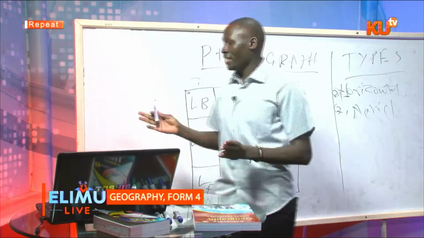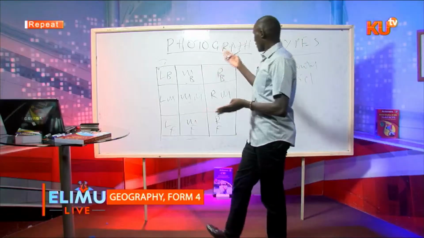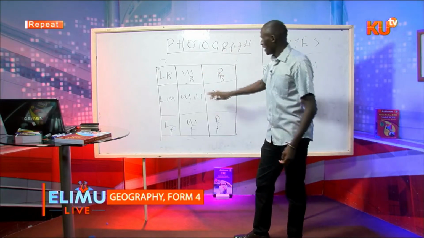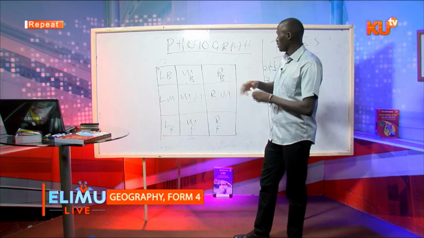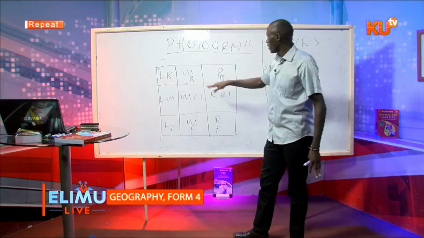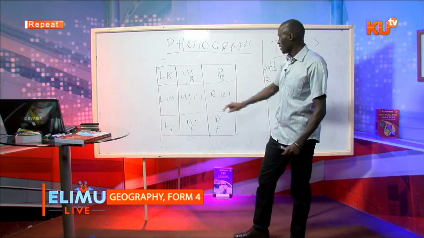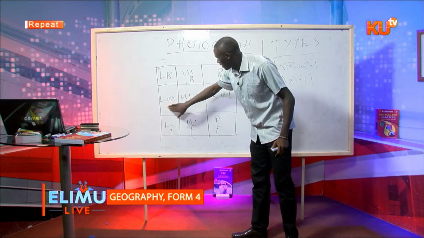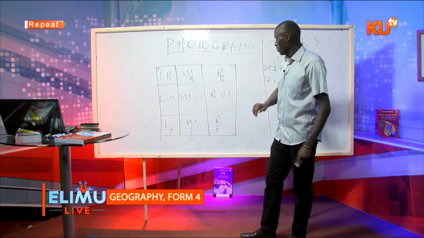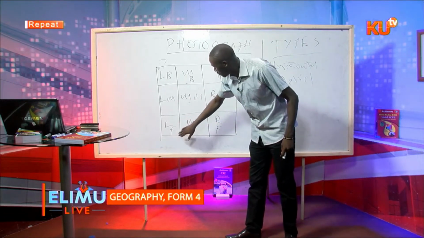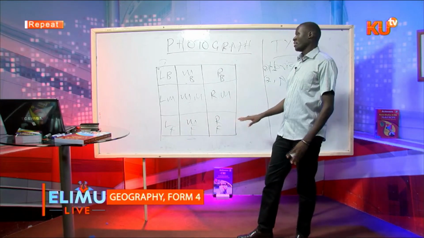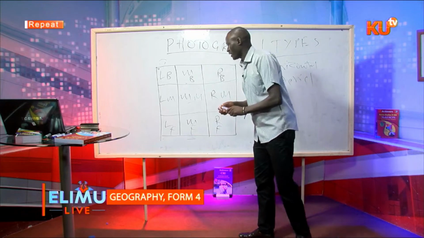As you can see shown on the board, it has 9 parts, divided into sections. We have the left background, the middle background, and the right background. Then left middle, middle, and right middle. Then the last one is left foreground, middle foreground, and right foreground. That's how a photograph is divided.